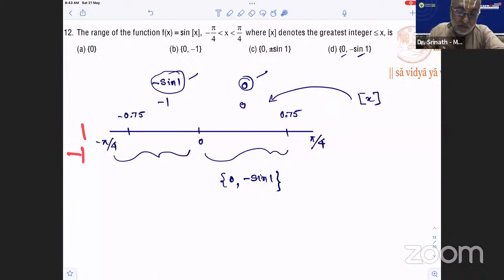From minus 1 to 0, the greatest integer value will be minus 1. So I was only trying to locate where this pi by 4 is. This pi by 4 is slightly greater than 0.75, and minus pi by 4 is less than minus 0.75. So just to have an approximation to decide how I can take the greatest integer value, for that purpose I do it. Otherwise, why should I take 0.75? I hope you got my point.